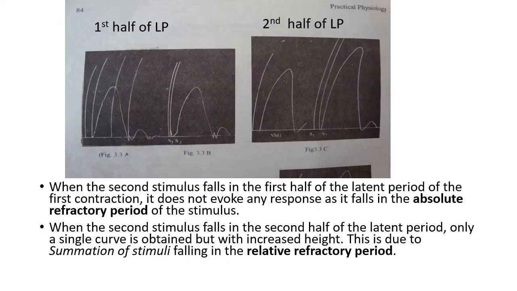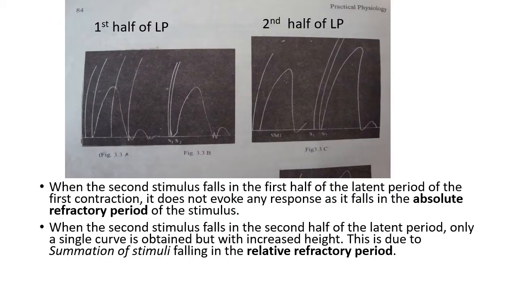And what will be the response? The response will be increased height of contraction, which you can clearly see. Compare the graph, compare the SMC with the second stimulus thing. We will see increased height of contraction because of summation of stimuli. So in short, when the second stimulus falls in the first half of the latent period, it won't evoke any further response.